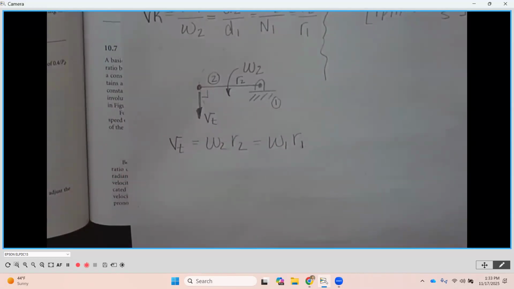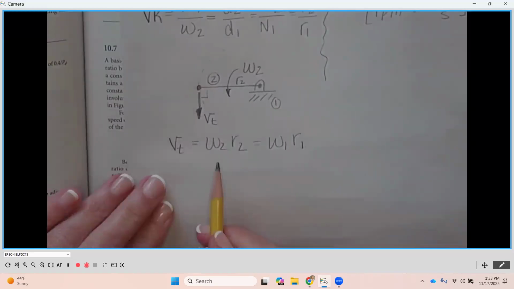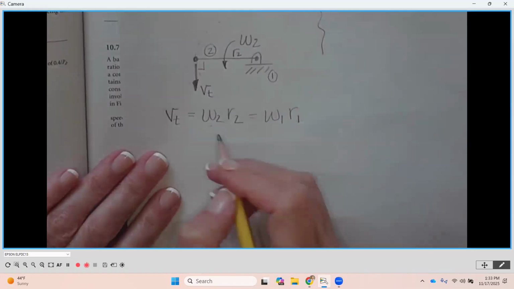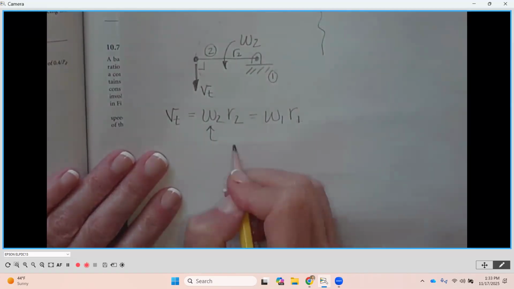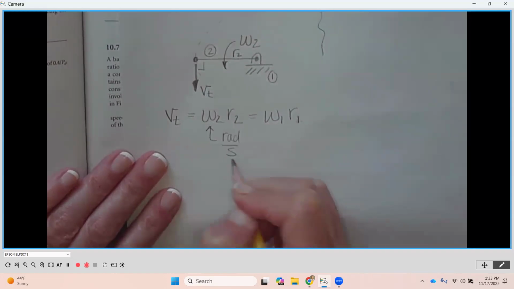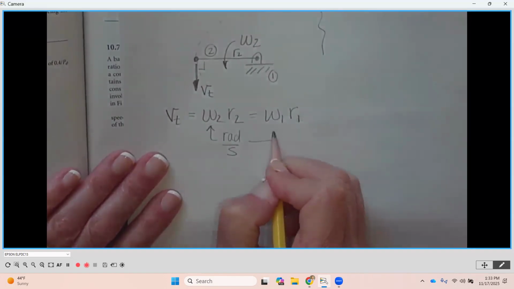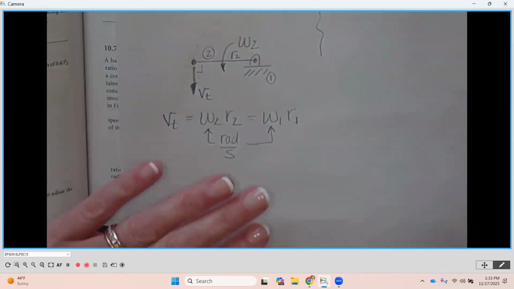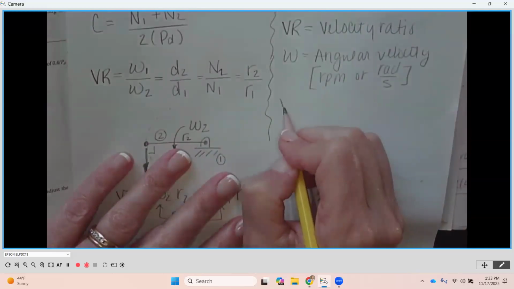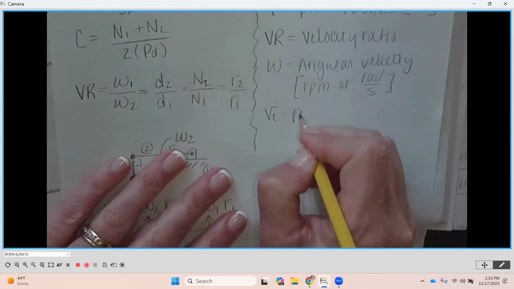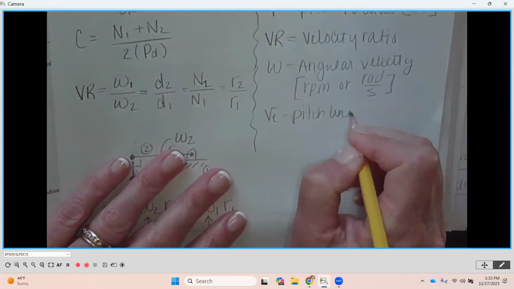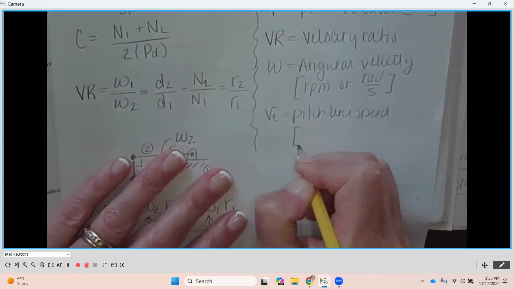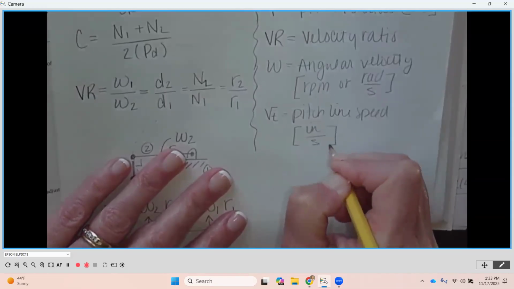Now, the thing we have to keep in mind here is when we are dealing with this equation, just like in Module 4, these units have to be in radians per second. They cannot be in RPMs. Remember, in and out of this equation, our angular velocity is in radians per second. And then pitch line speed, VT, its units are going to be inches per second.